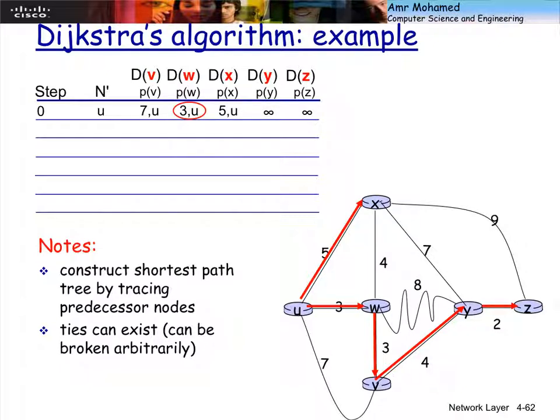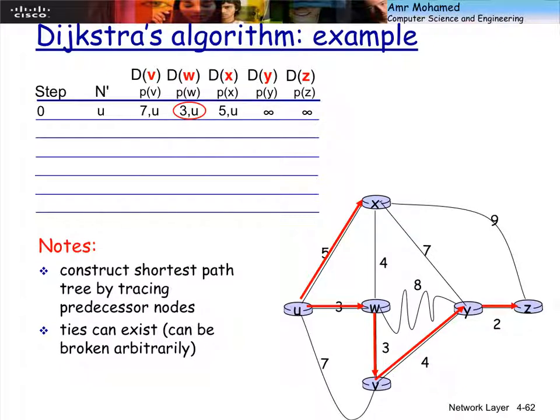Your objective now is to construct this tree here, which forms the shortest path from U to all the other nodes in the network. As you can see here, this shortest path tree includes all the nodes in the network. And the other links are not part of the shortest path.